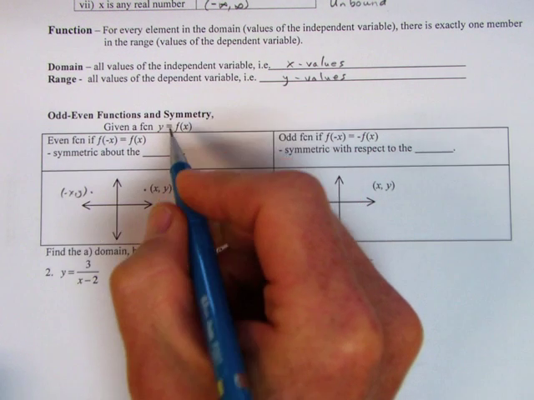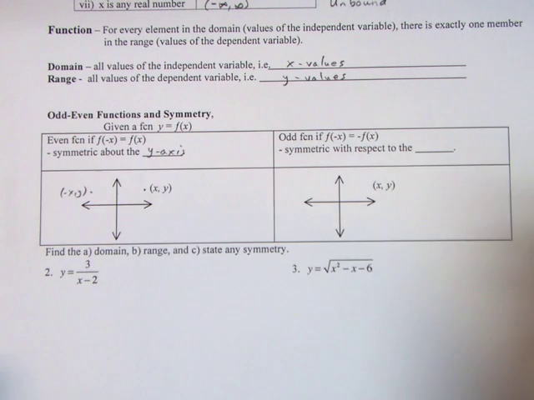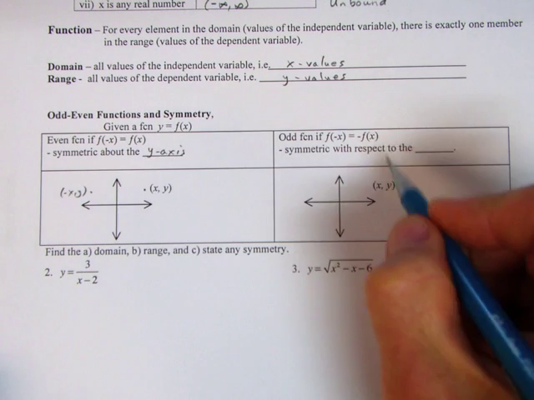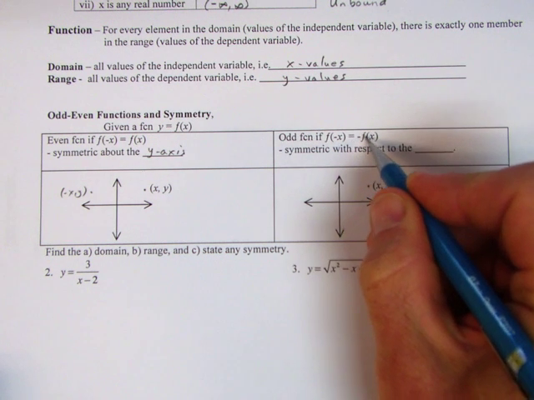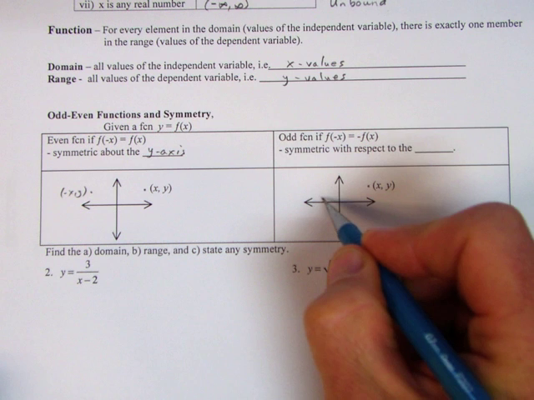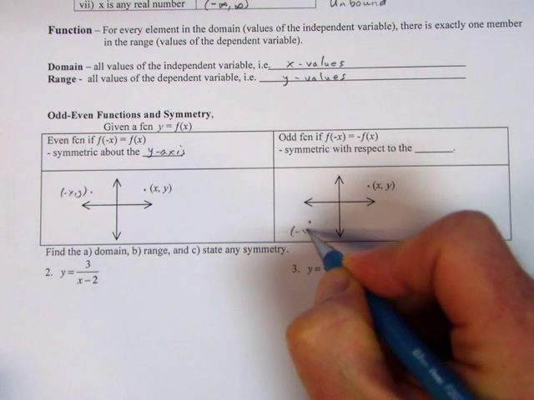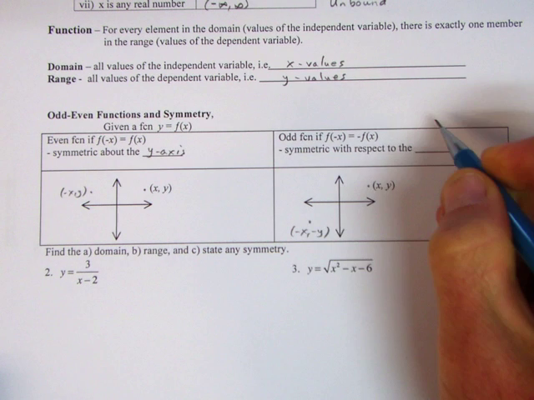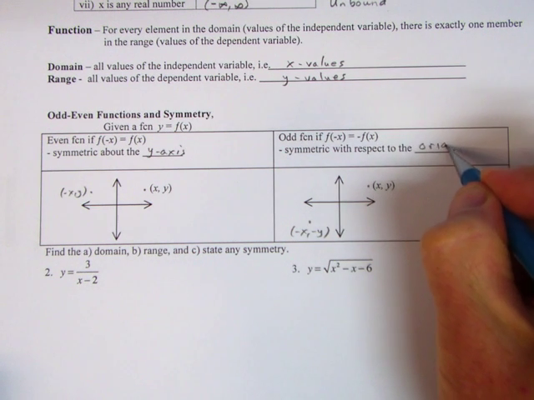So that's going to be symmetric about the y-axis. If we have a point xy, this time if you plug in negative x, you get negative of the y value. This will be negative x comma negative y, and this will be symmetric with respect to the origin.